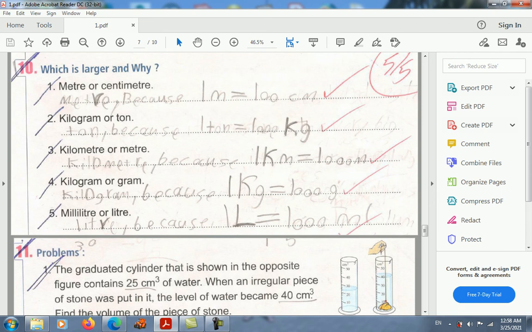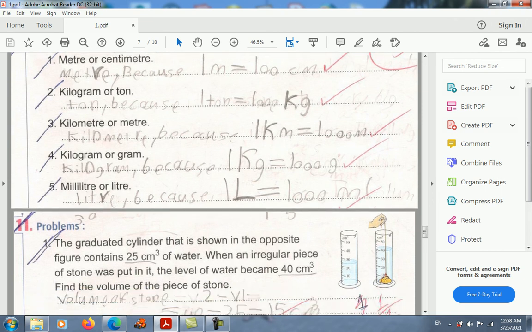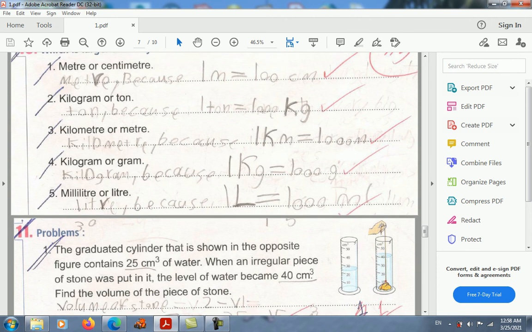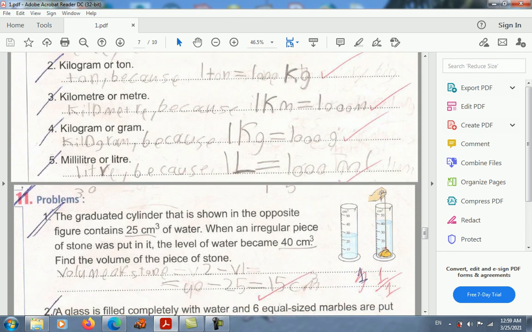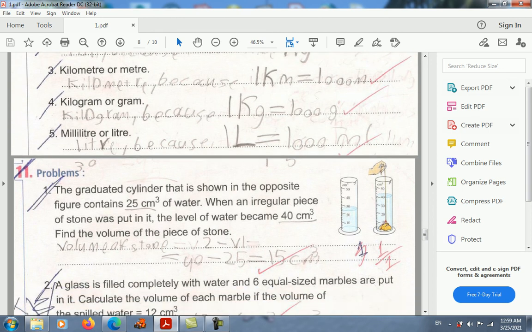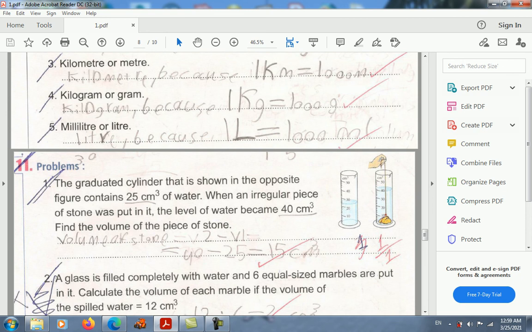10. Which is larger and why? 1. Meter or centimeter? Of course, meter is larger because 1 meter equals 100 centimeters. 2. Kilogram or ton? Again, the ton is going to be much larger because 1 ton equals 1000 kilograms. 3.